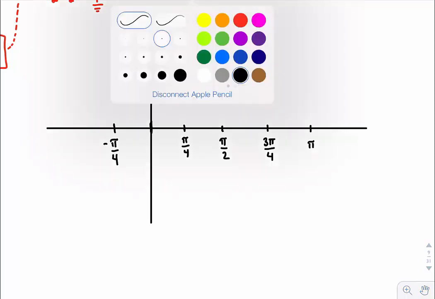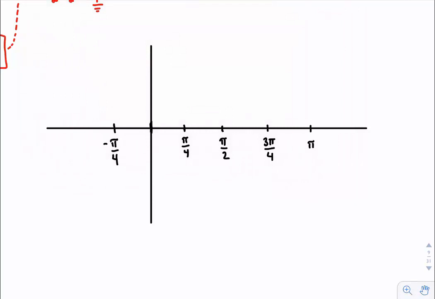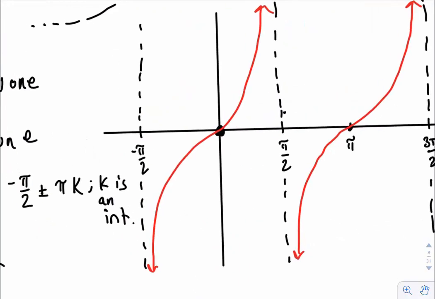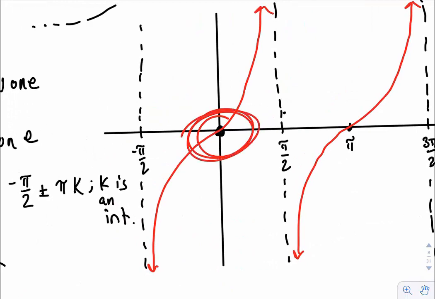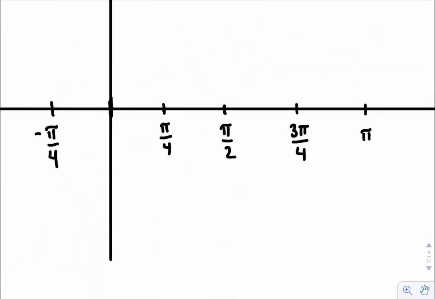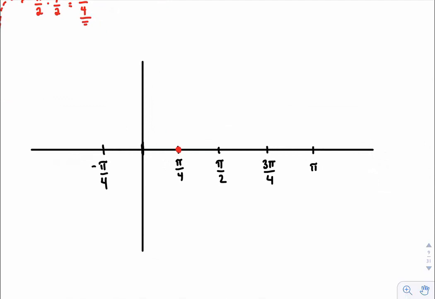Okay, so now that I have that, you just need to know tangent. You need to know the parent graph. And the parent graph of tangent starts at 0, 0. So we're looking at this as my starting point. That's really all you need to know, that and the direction. I have the starting point right here at 0, 0. So I know right now that I have a vertical asymptote at my y-axis, because it's going to be 0, asymptote, 0, asymptote.